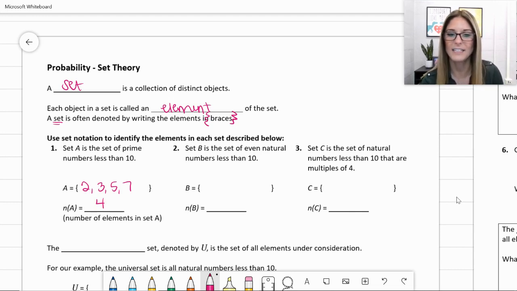Set B is a set of even natural numbers less than 10. So evens 2, 4, 6, and 8, less than 10, not including 10. And again, n of B, the number of elements in set B is 4. Number 3, set C is a set of natural numbers less than 10 that are multiples of 4. So 4 and 8. The number of elements in set C, there are 2.